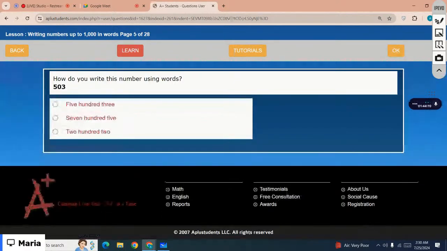How do you write this number using words? 503, which is the correct option? Option number one, it is 503 is the correct option.